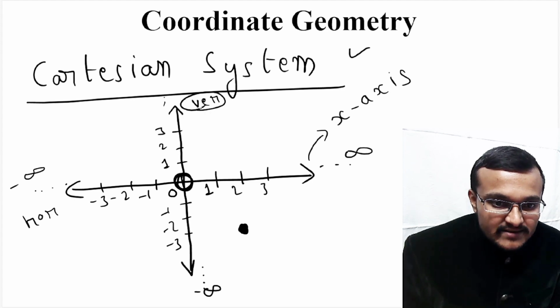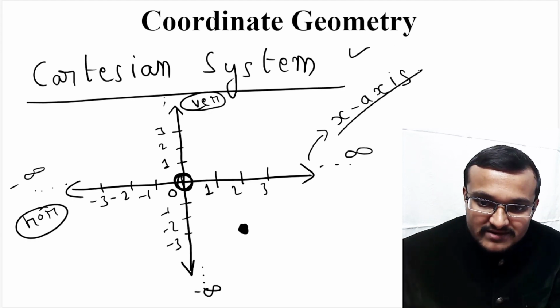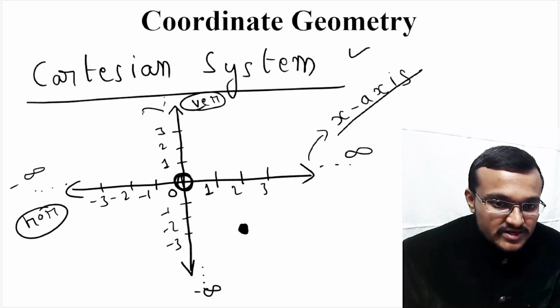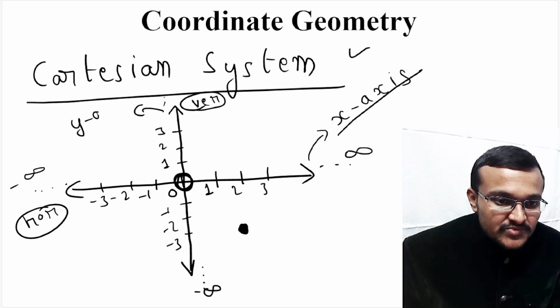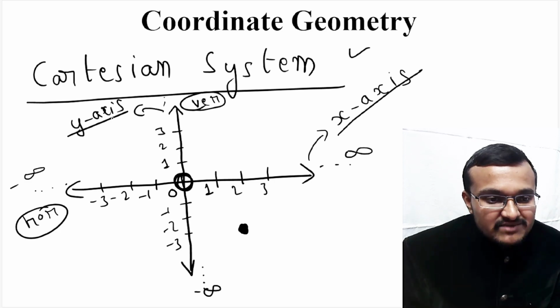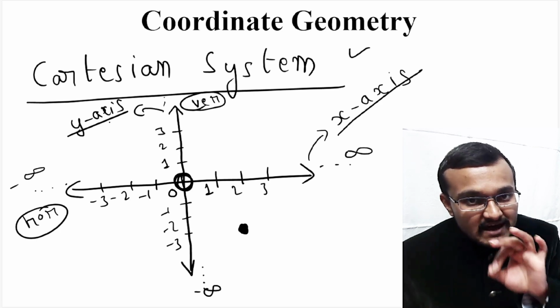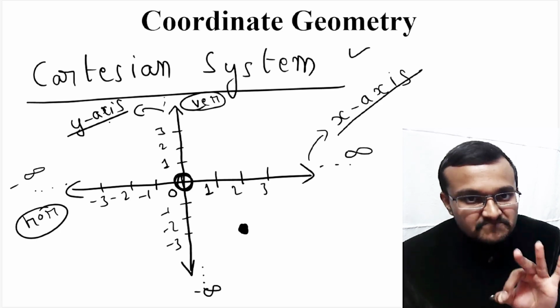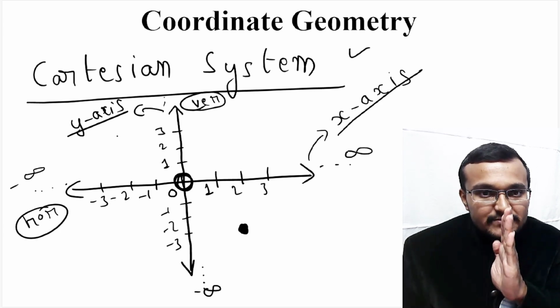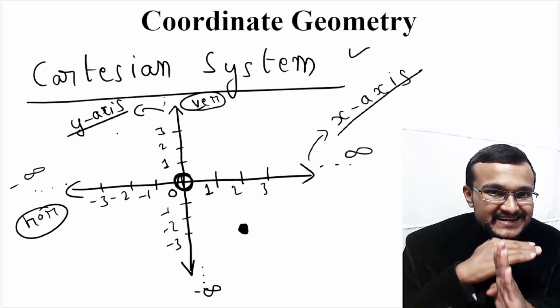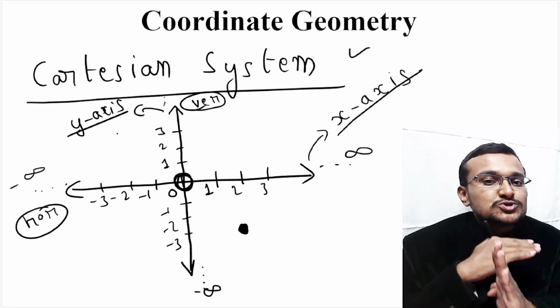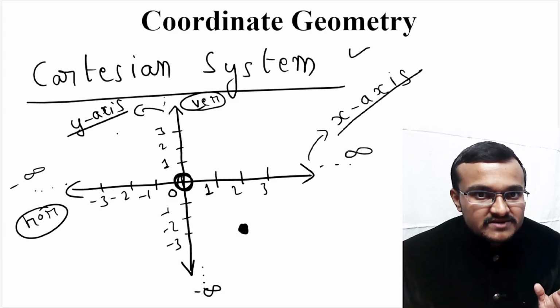That is this vertical number line and horizontal number line. This horizontal number line is known as the x-axis, and this vertical number line is known as the y-axis. So here we have a Cartesian system which has two different number lines whose origins meet each other, and these two number lines are perpendicular to each other, together forming the x-axis and y-axis.